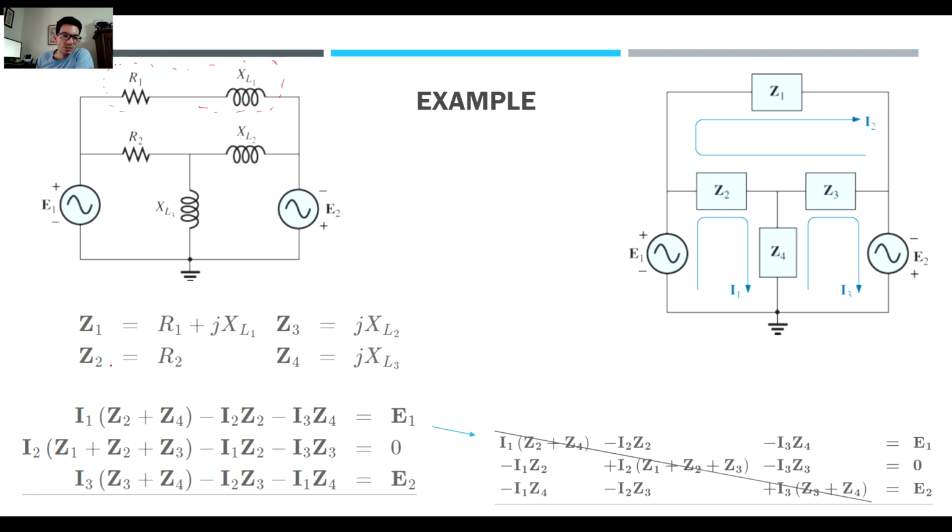Then Z2 is the contribution because of the resistor, and that is true. You cannot connect this resistor to these elements because they're in a series plus parallel configuration. Then Z3 is going to be this one, just to keep the same notation. And Z4 is going to be this one.